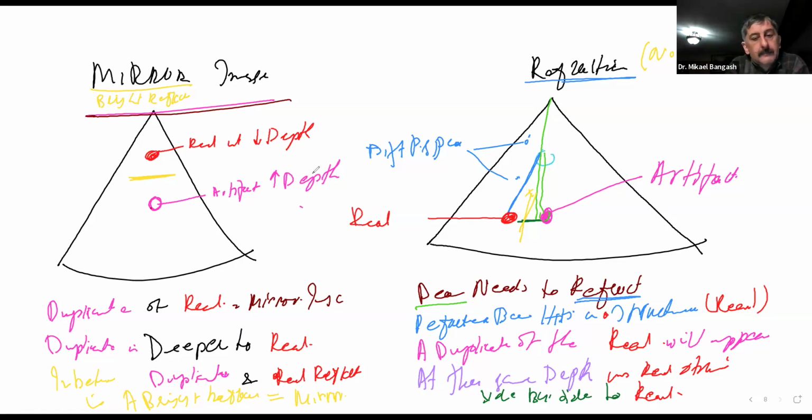Did you guys get that? And in between them was the mirror. Whereas here, it's not one being shallower and one being deeper. The real structure and its duplicate are side by side.